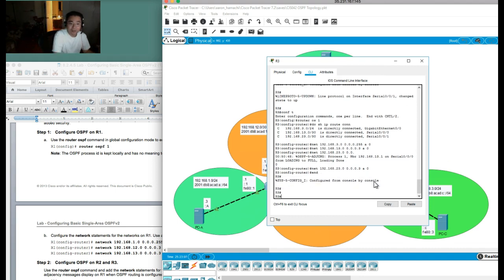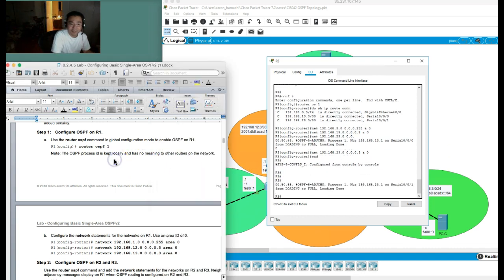And we should start seeing neighbor adjacencies show up.